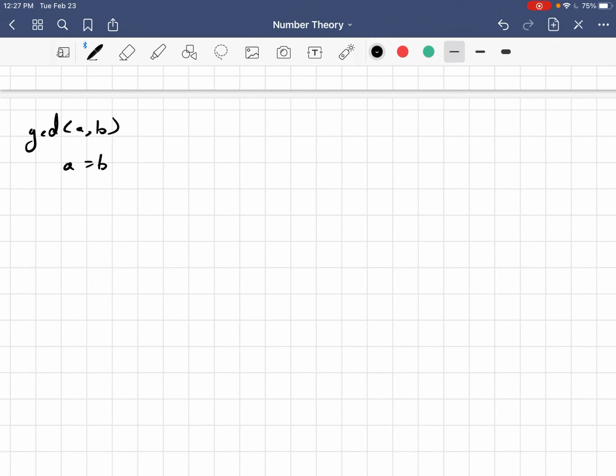we'll break A into B Q sub 1 plus R sub 1, and then we'll break down B into R sub 1 Q sub 2 plus R sub 2. We'll break down even further R sub 1 into R sub 2 Q sub 3 plus R sub 3, and so on.